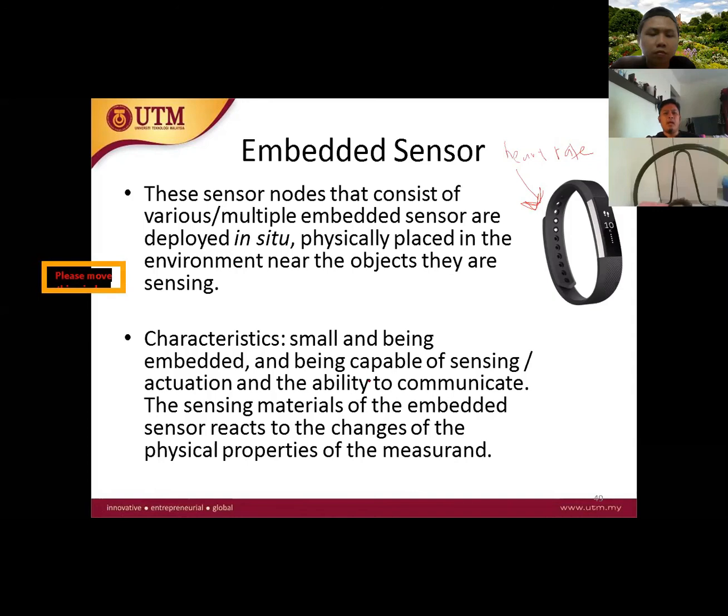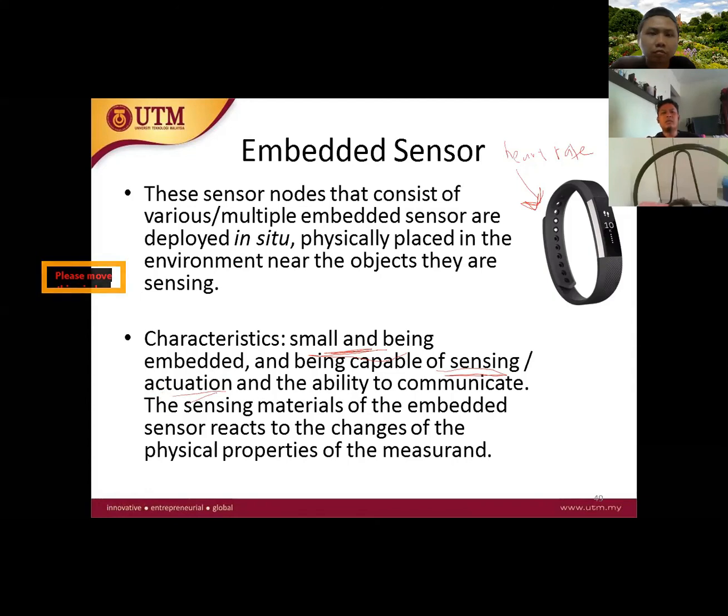But the important characteristic is that it is small and can be embedded, and it is capable of sensing and also actuation, or acting as an actuator. It means this system not only can sense, it can also administer something, for example administer drugs, oxygen, or other substances.